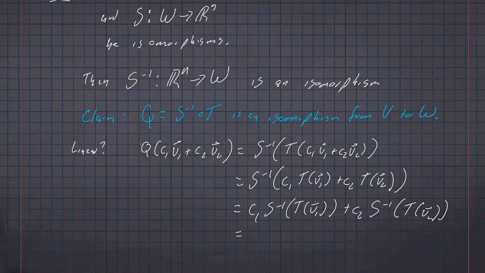And hey, we have composition again. So Q of C1V1 plus C2V2 is the same thing as C1 times Q of V1 plus C2 times Q of V2.